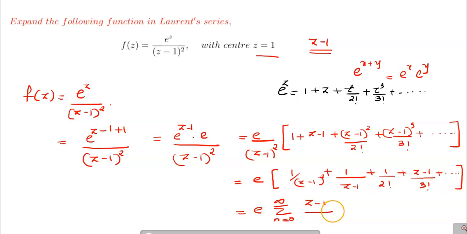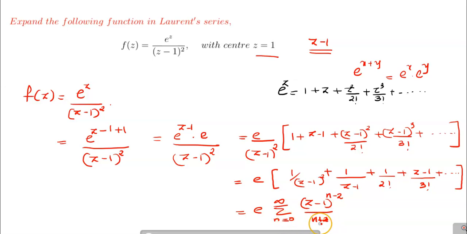So start with (z minus 1) all raised to n minus 2, so that if you put n is equal to 0, the first term becomes 1 by (z minus 1) square, that is (z minus 1) all raised to minus 2. So start with n is equal to 0 and the series is (z minus 1) all raised to n minus 2, and here also divided by n factorial.